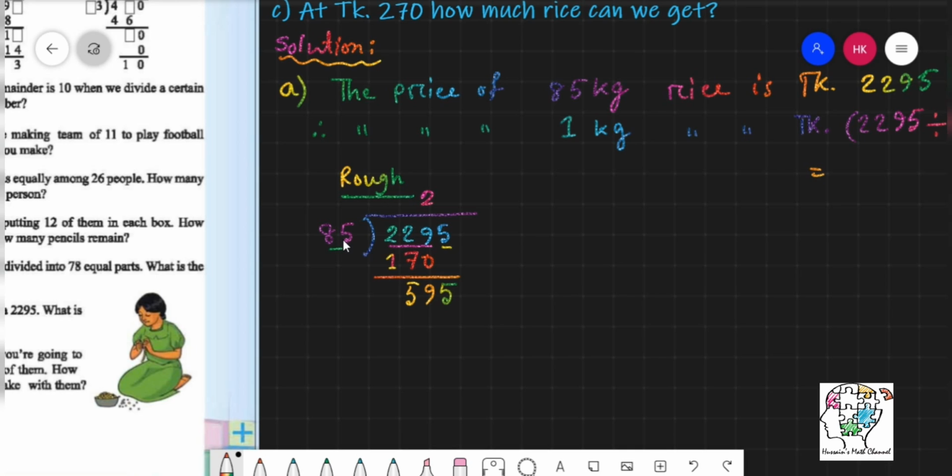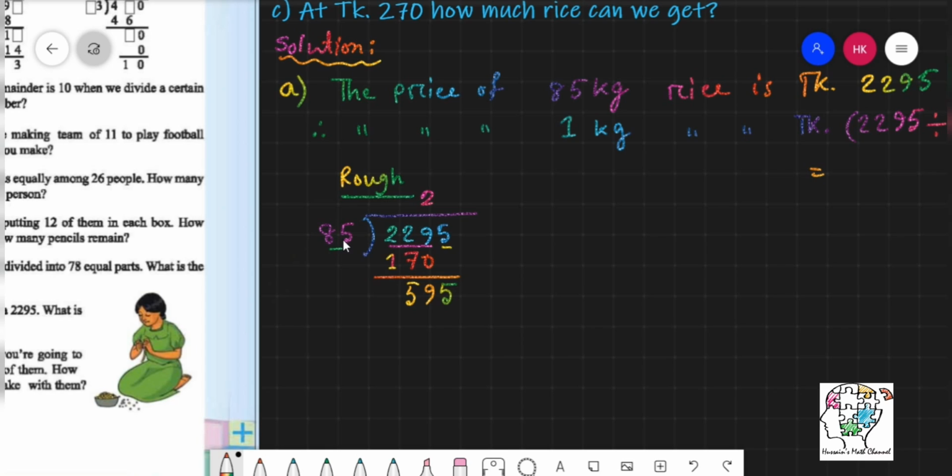So if we count 8, and if we just say the multiplication table of 8, like 8 ones are 8, 8 twos are 16, so we can guess that 8 times 7 is 56. So it is very near to 595. So 85 times 7 can be our answer.